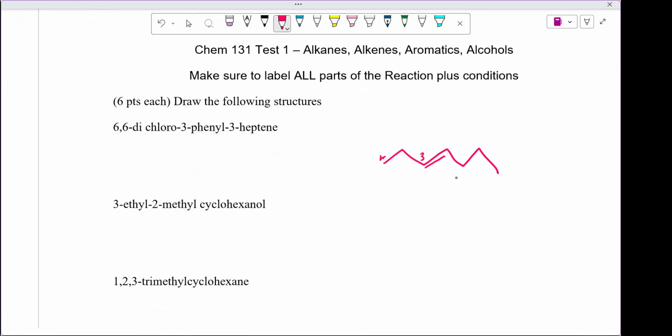And we have a branch on carbon number 3 of phenyl. And on carbon number 6, 4, 5, 6, we have 2 aryl groups. So this is carbon number 6. Okay, we doing okay?